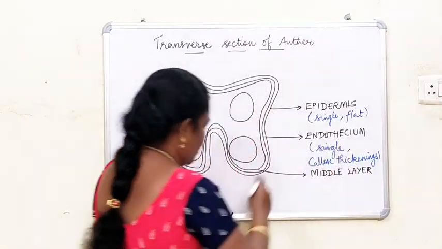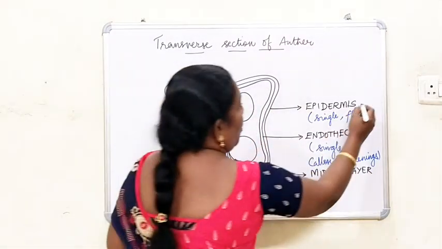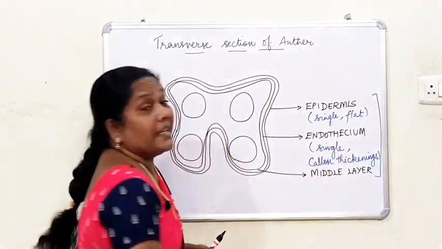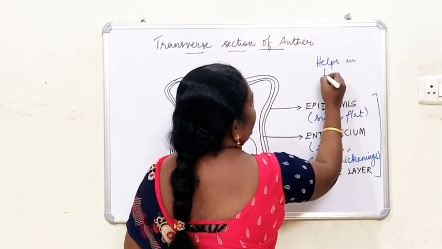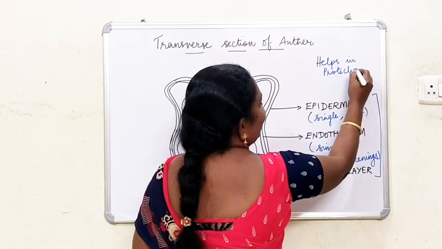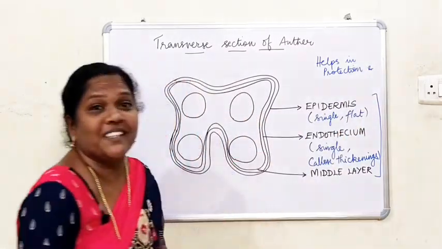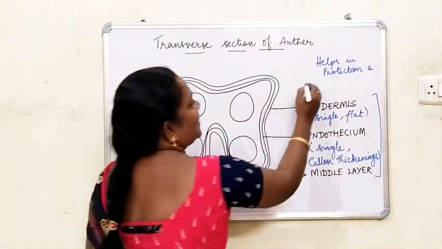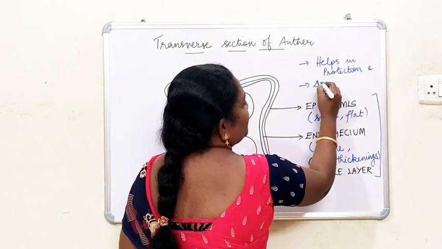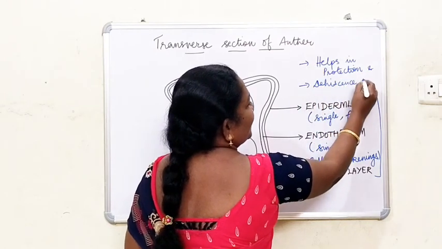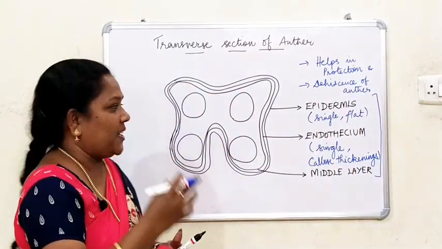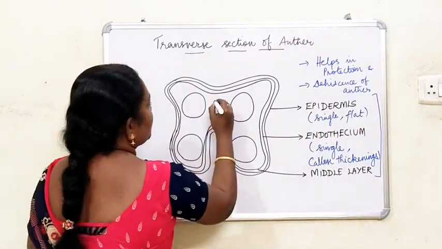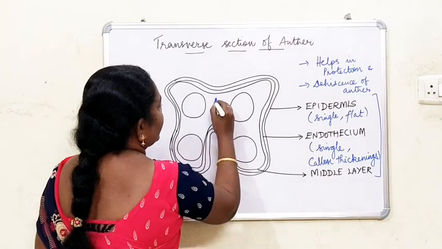Now what is the function of all three layers? All three layers help in protection, and they also help in dehiscence of the anther. What do you mean by the term dehiscence? Split open. Dehiscence means split open. Where? When you look at this section, you have this connective tissue.